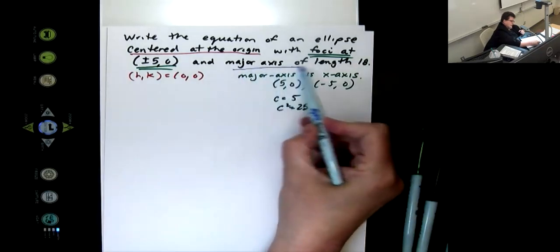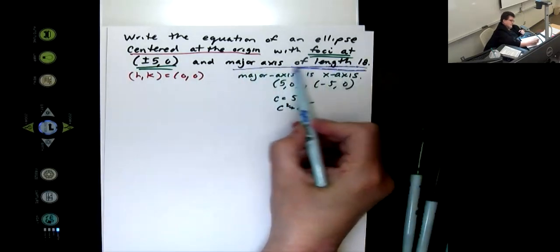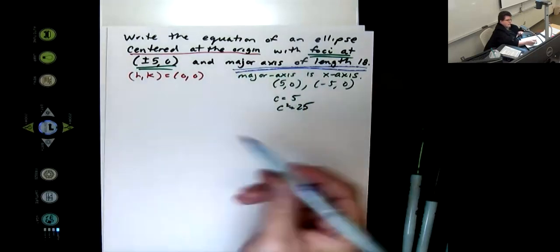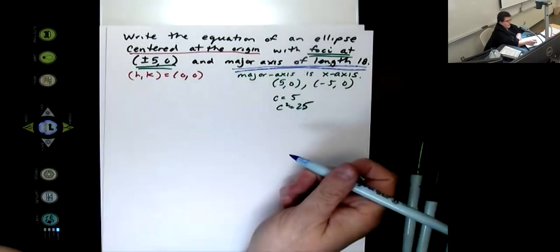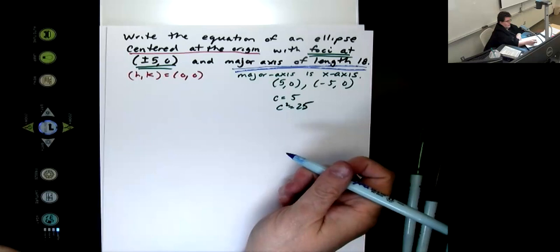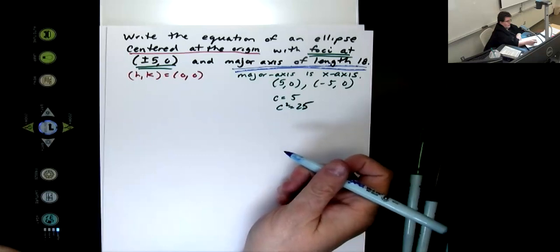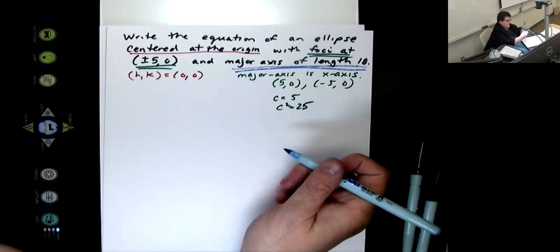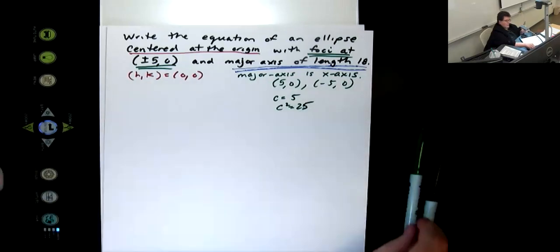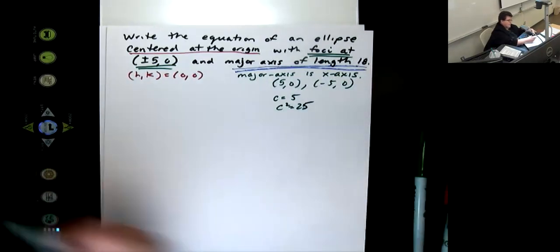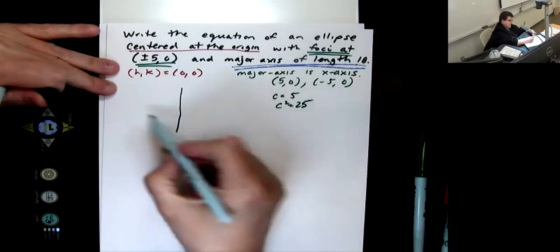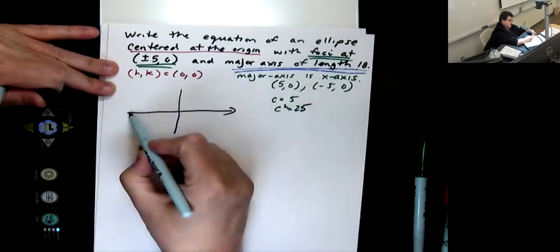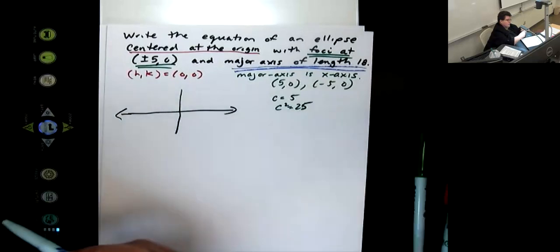And what does a major axis of length 18 give us? It gives us the whole length of the ellipse. We know it's along the x-axis because that's where the foci are.